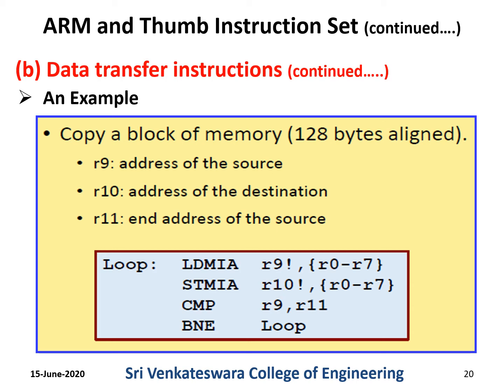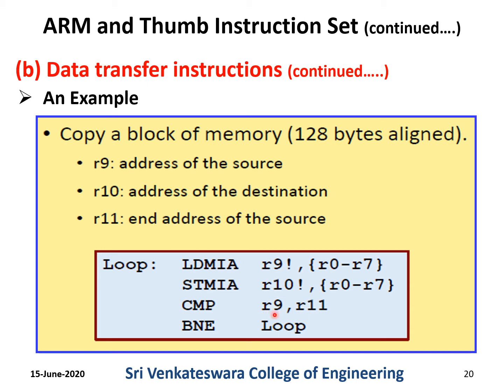So the registers starting from R0 to R7, that is 8 bytes, will be stored into the memory location that is pointed by R10 onwards. And then whether we have transferred all the 128 bytes or not is checked by comparing R9 with the last address.